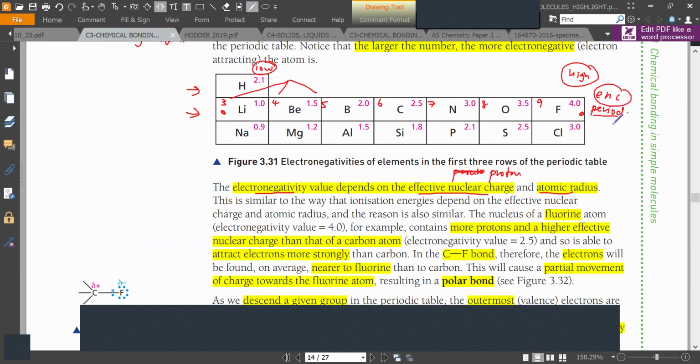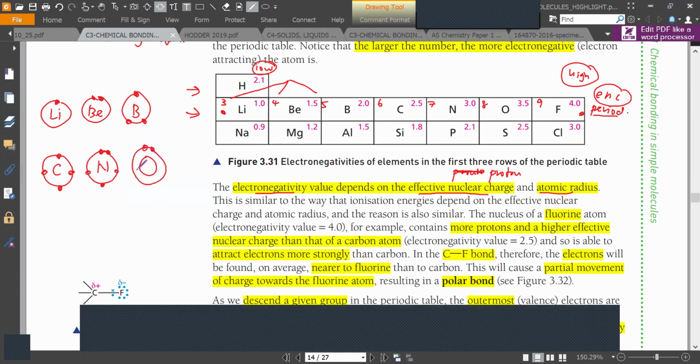Lithium's outer electron is 1, Be is 2, B is 3, C is 4, N is 5, O is 6, fluorine is 7.